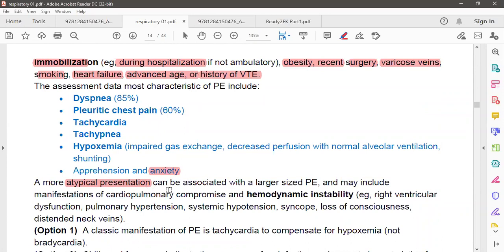Atypical presentation can be associated with a large-size embolus and may include cardiopulmonary compromise or hemodynamic instability, like right ventricle dysfunction, pulmonary hypertension, systemic hypotension, syncope or loss of consciousness, and also distended neck veins.